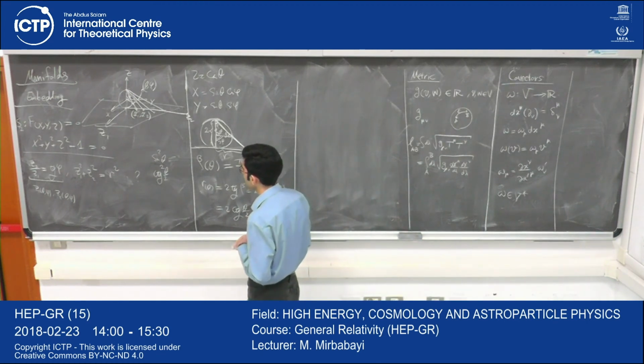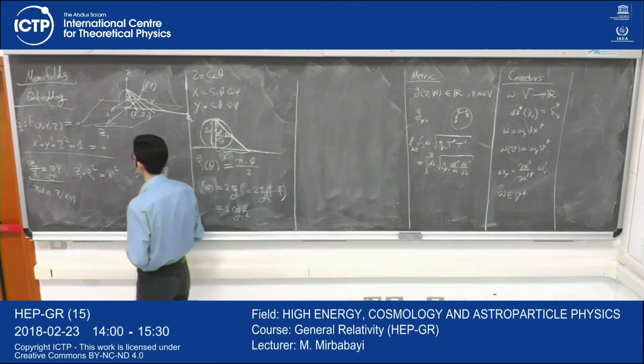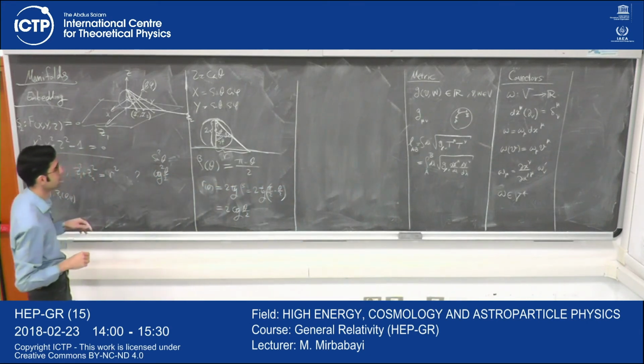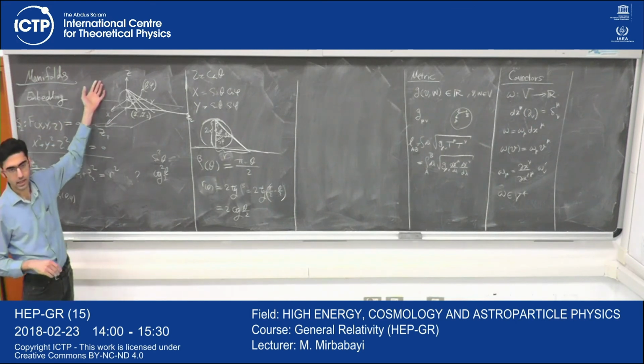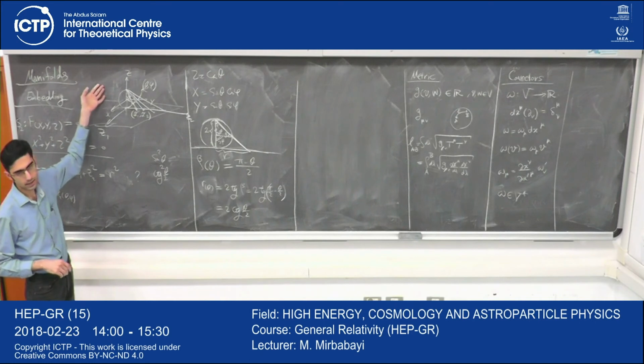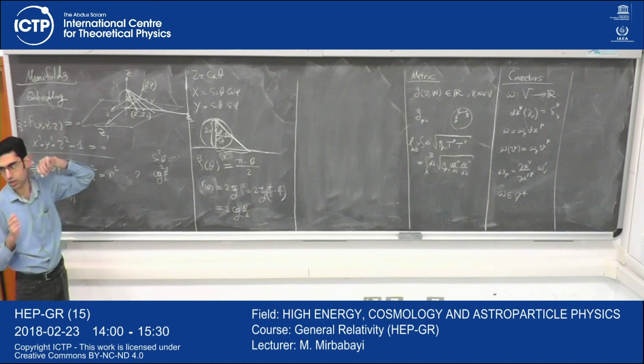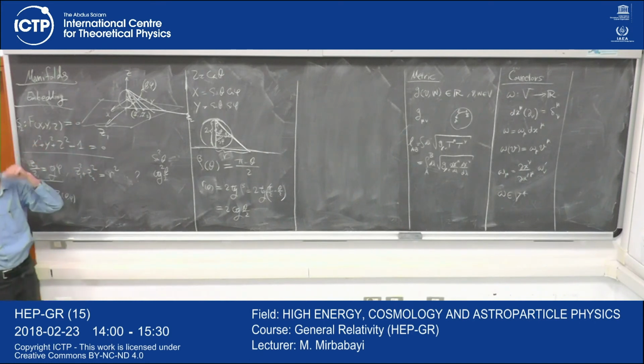Okay, so what can we do with this embedding? This was an embedding. I was just defining this stereographic map. Now, when I have an embedding, I have some embedding space which has its notion of length. It's Euclidean space. On Euclidean space, we have the Euclidean metric.